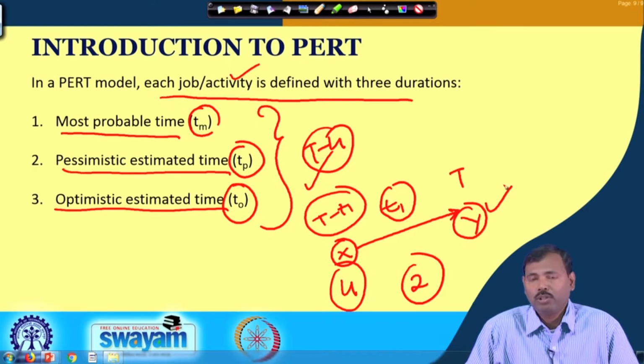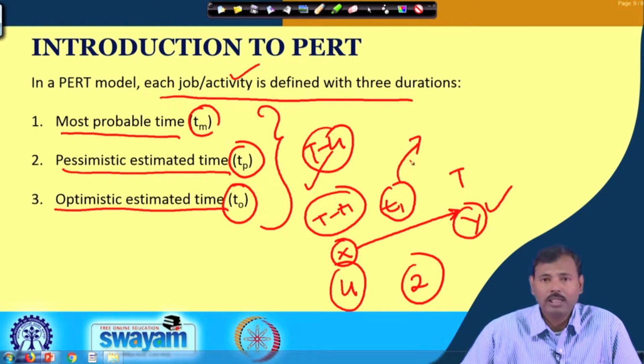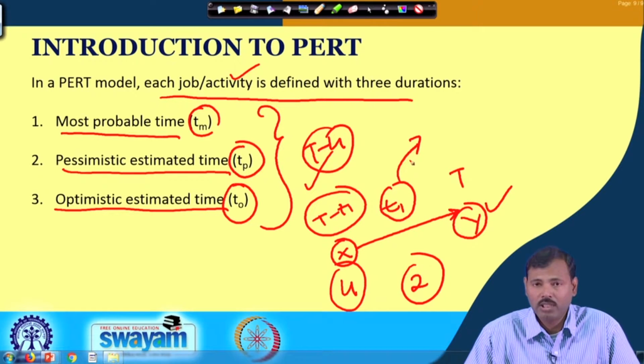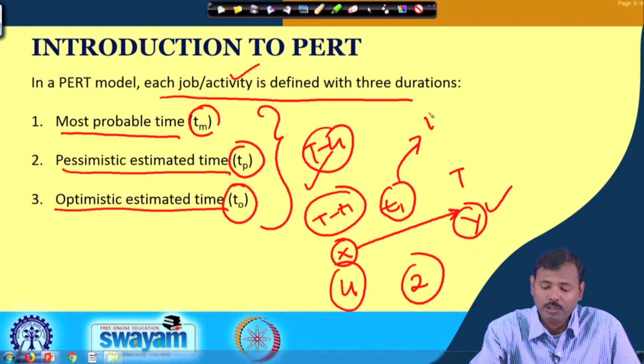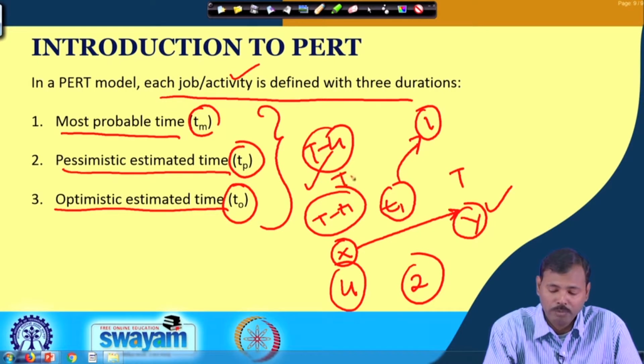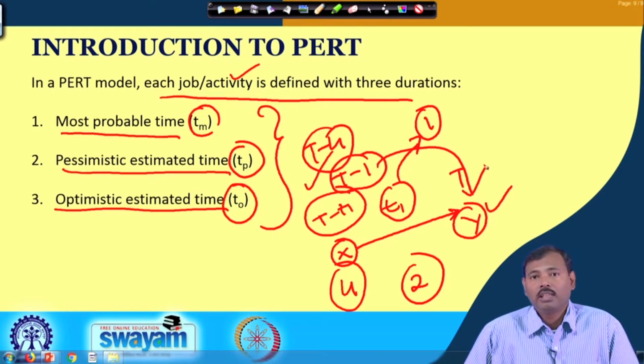But suppose you are some optimistic person, or in any case you became late, but from your previous experience you have found that this t1 time sometimes you have covered in very good condition where the traffic was too less, everything was favorable. In those conditions you have covered this in 1 hour. So, suppose if you are late by 30 minutes or 40 minutes, then also you may be optimistic that if you start here at t minus 1 hour time, there is a chance you can catch the flight. So, that is the most optimistic condition.